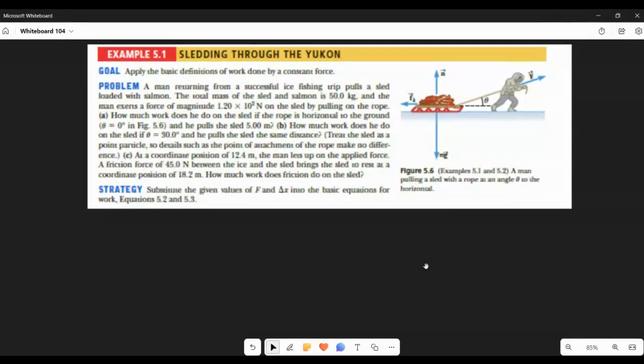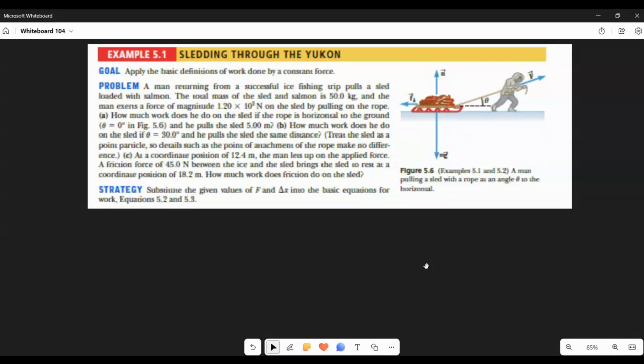Okay. So we have a man returning from a successful ice fishing trip. I don't know who does that. And he's pulling a sled full of salmon. So we've got fish over there, and he's pulling it. They're saying the total mass of the sled and the salmon is around 50 kilograms, and he exerts a force of 1.20 times 10 to the power 2 newtons on the sled by pulling the rope.